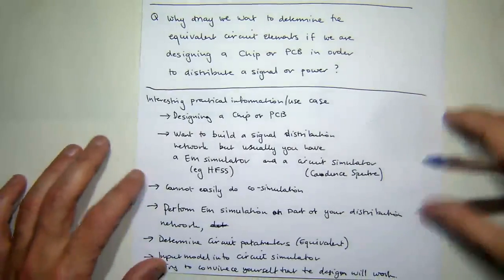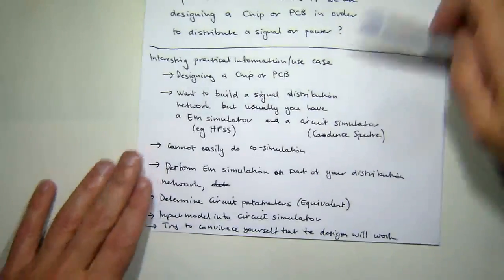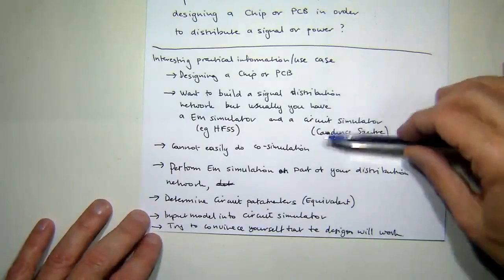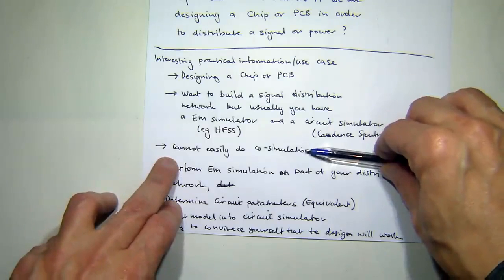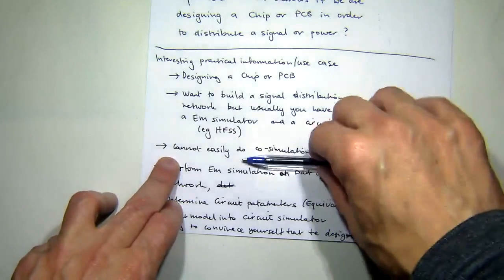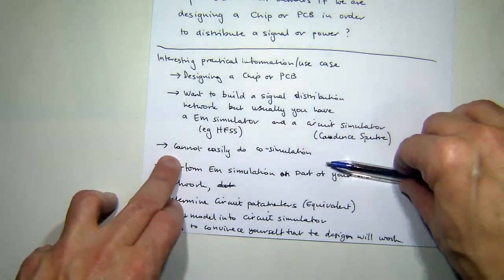And here I'm telling you essentially the process. You can't usually do co-simulation. Until recently, you couldn't do circuit and electromagnetic simulation at the same time.